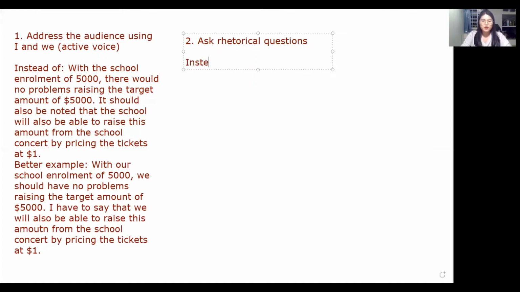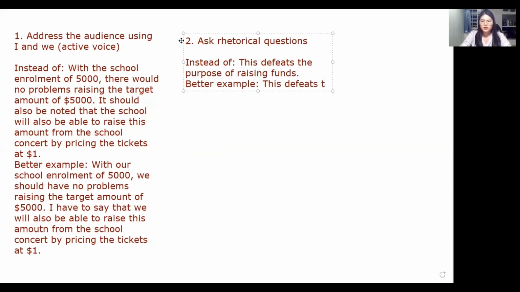So for example, instead of writing, this defeats the purpose of raising funds, right? Rather than just a straightforward sentence like this, if you want to get someone thinking, right, a better example is to say, this defeats the purpose of raising funds, isn't it?